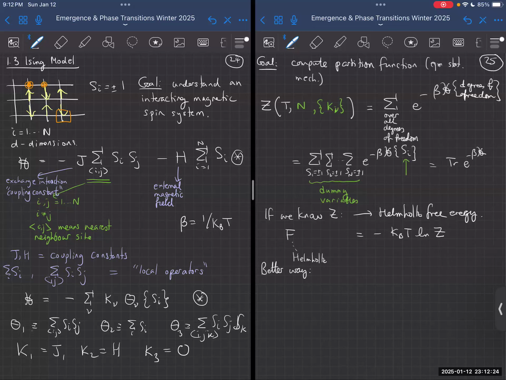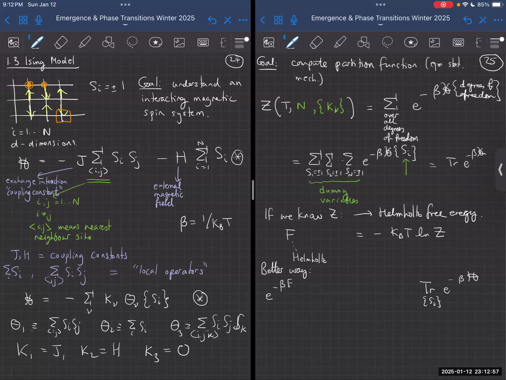Let's start off over here with e to the minus beta H. And then what we know is that if I take the trace over all the degrees of freedom of that, then at the end of the day, I will end up with e to the minus beta times another energy, which is the free energy.